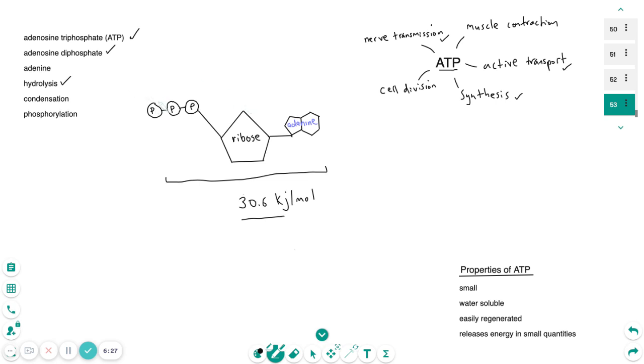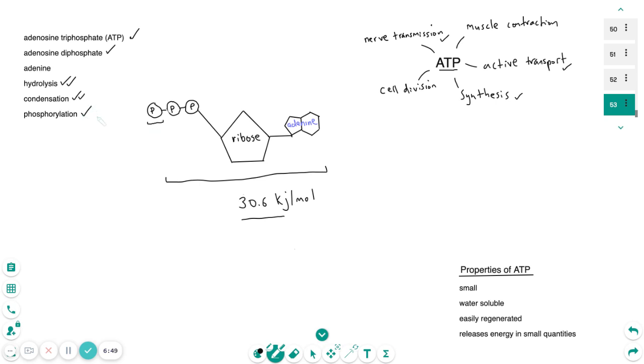Forming that bond during respiration is going to be a condensation reaction. Breaking it is hydrolysis, back and forward, condensation, hydrolysis. When we need to add this phosphate on, we say that it's been phosphorylated.